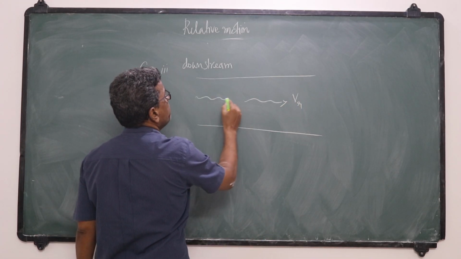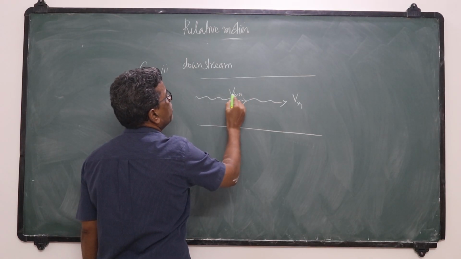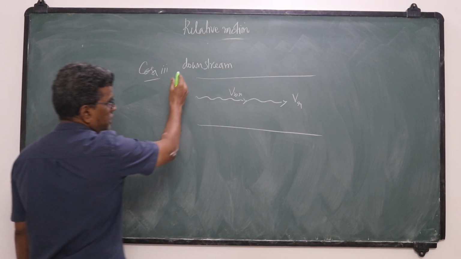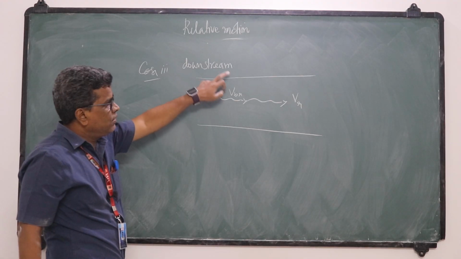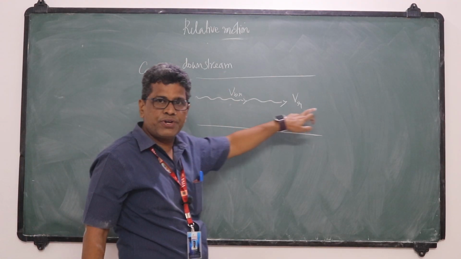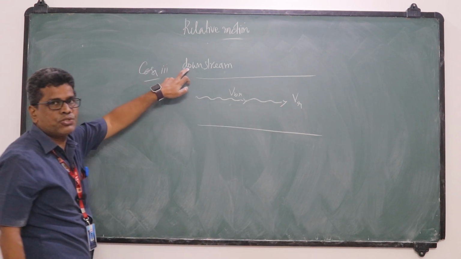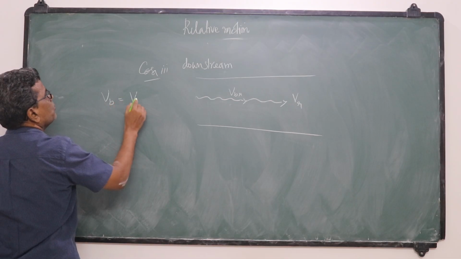The boat is also streaming in the same direction. So the boat with respect to river is also in the same direction. That is called downstream. What is the meaning of downstream? The boat should be streaming in the direction of the river. That is called downstream.